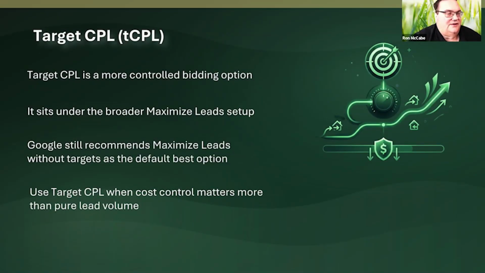Okay. And then the other option on local service ads is target cost per lead. That is more control. You use that when cost control matters more than pure lead volume. And again, you can do it, but it does lower the amount of leads you get.